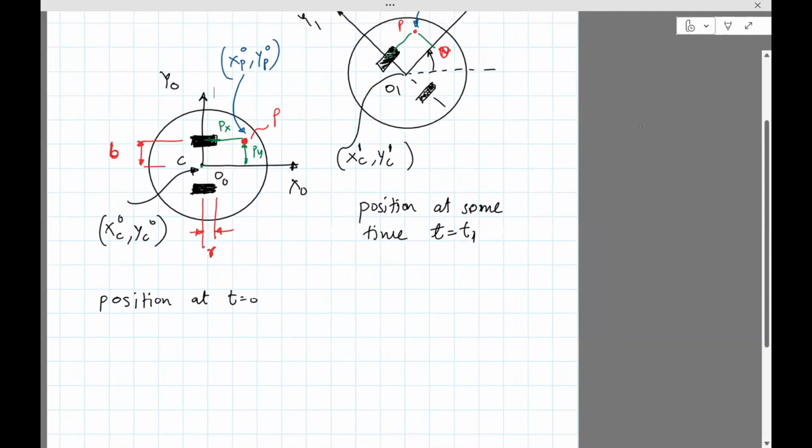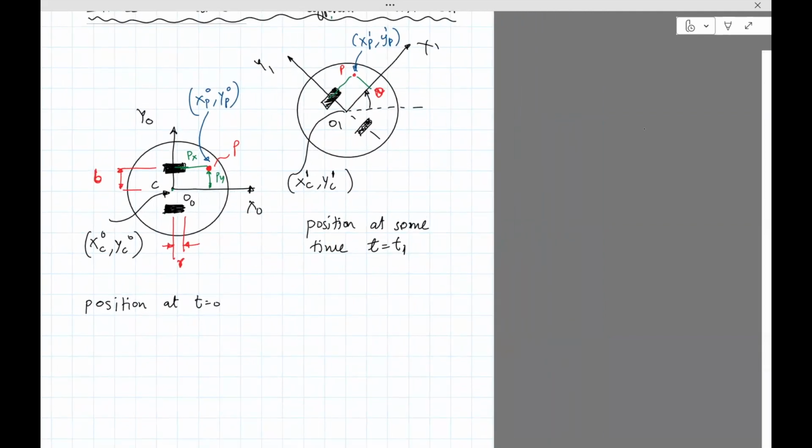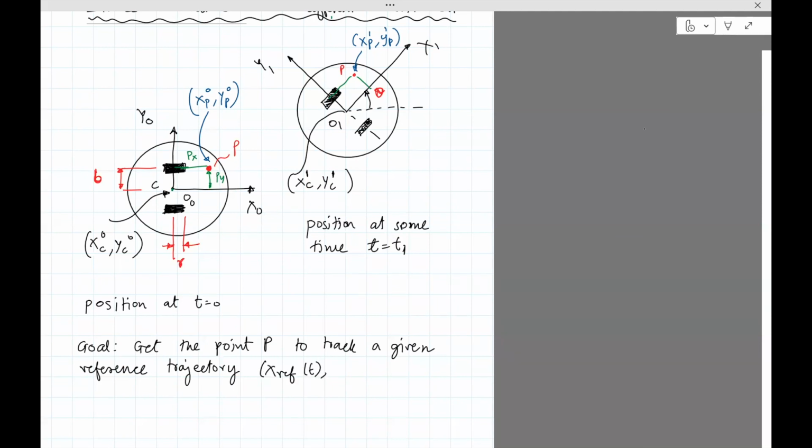Okay, so our goal here is to get the point P to track a given reference trajectory. Let's just call that x ref as a function of time, y ref as a function of time.